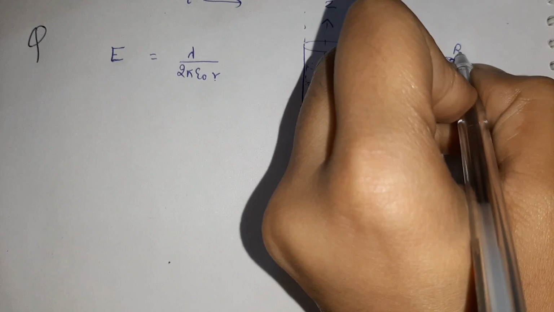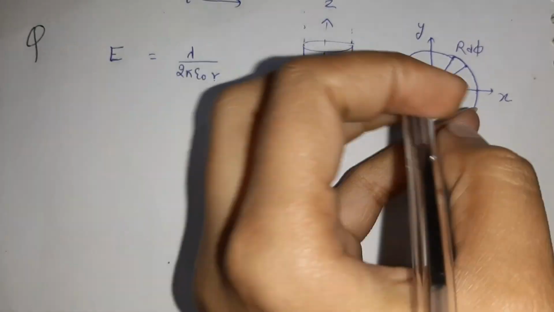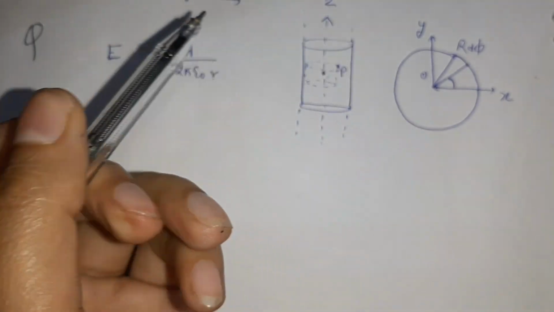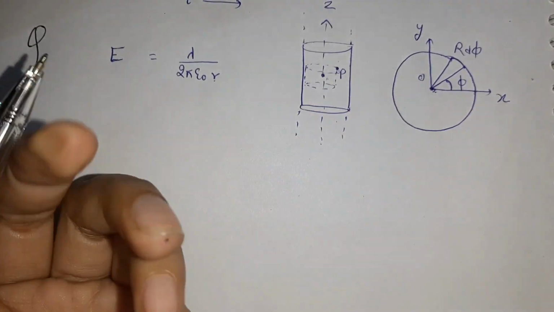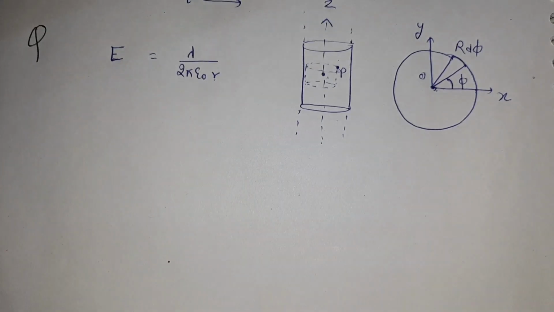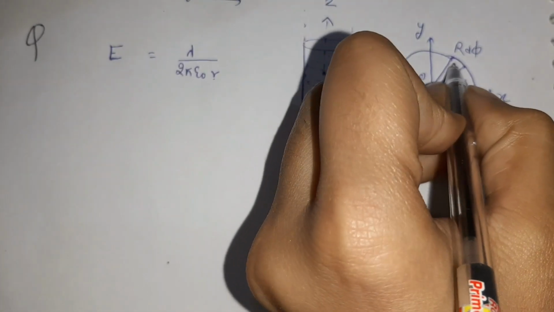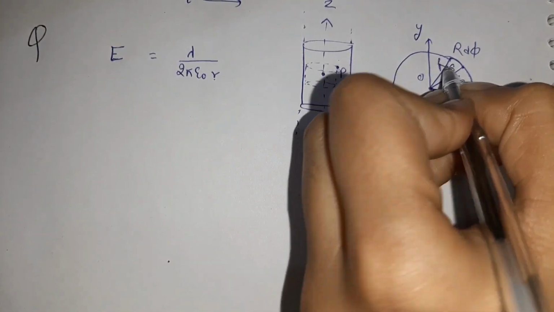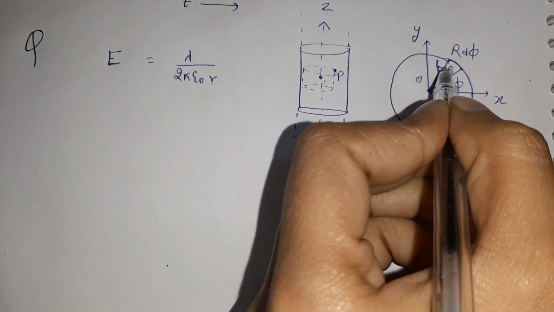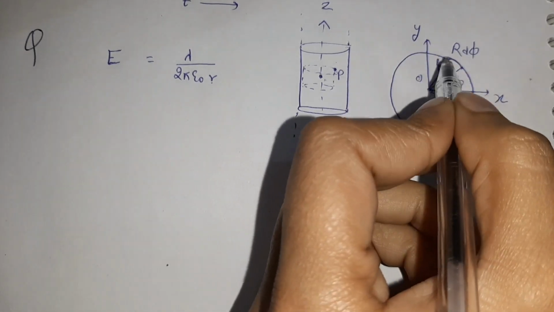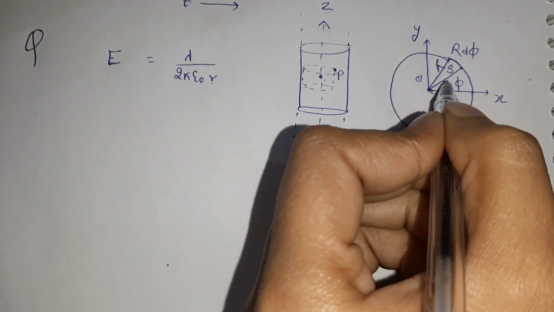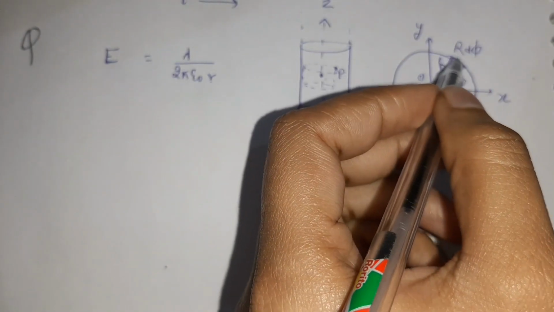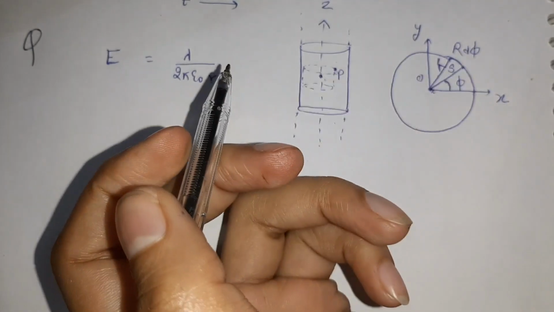This arc has length r d phi, where phi is the angle this segment makes with the x-axis. If the radius of this curvature is r, and the segment makes angle phi with the x-axis, then the length of this arc will be r d phi.